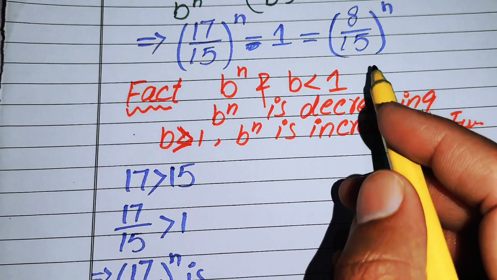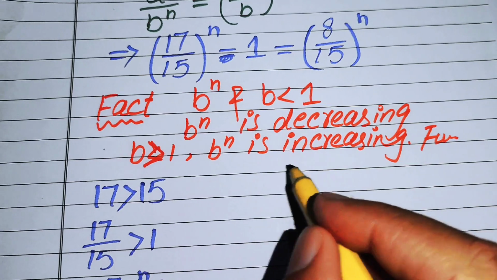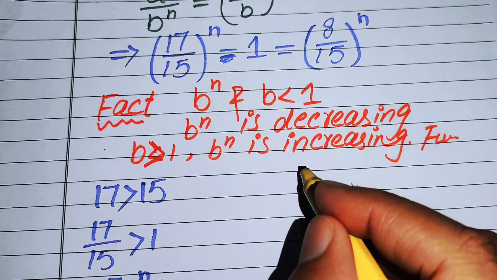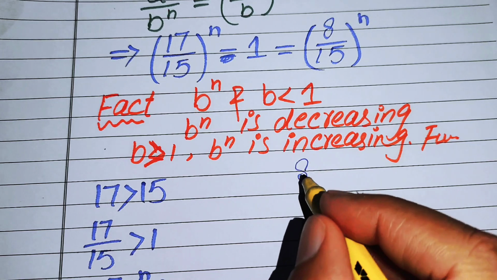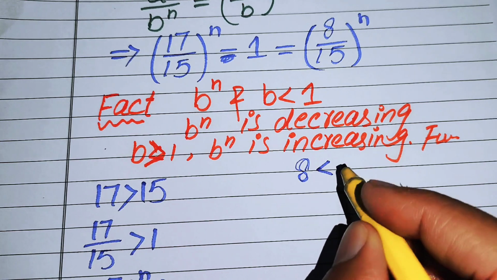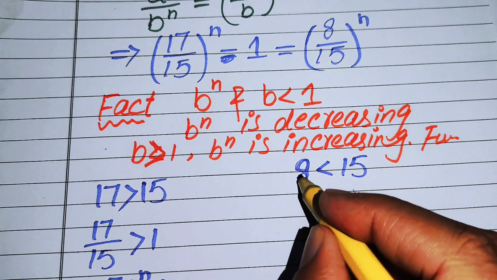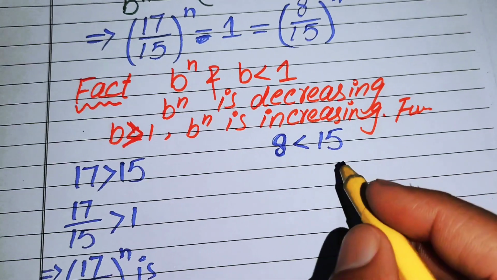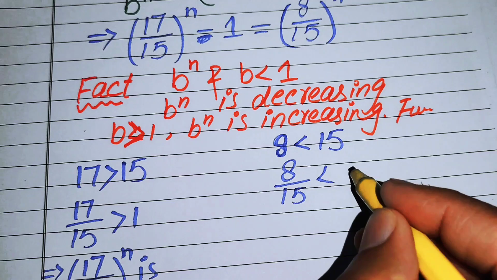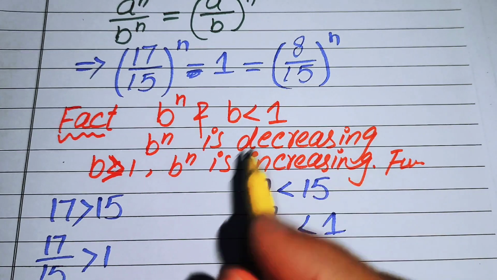Now we can check our right hand side, and in the right hand side we have 8 over 15. We see that 8 is less than 15, so 8 over 15 is less than 1, and here our base is less than 1.